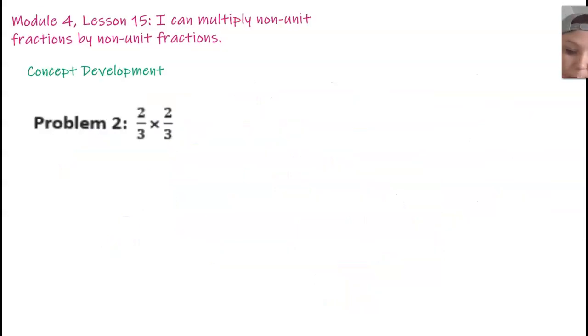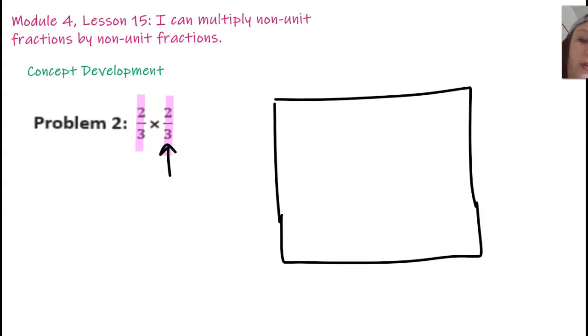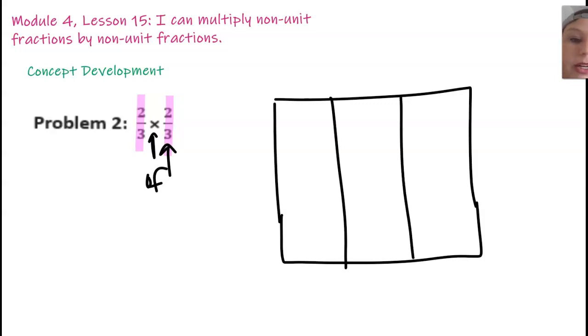What you'll observe about problem number 2 is that you are multiplying 2/3 by the same fraction 2/3. So how we would draw that as a rectangular model is we would break it. I always start with the second fraction first because we're taking 2/3 of. Remember, this multiplication also means of 2/3. So I'm going to break it into thirds like this.